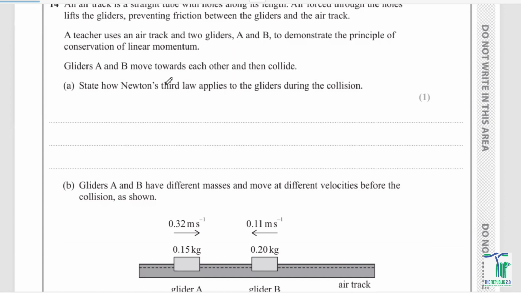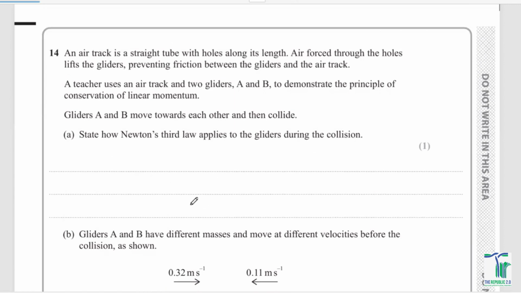So if you remember, Newton's law is just that every action has some sort of a reaction, which acts in the opposite direction. Gliders A and B move towards each other and then collide. We just need to talk about how Newton's law applies to the gliders during the collision, right?